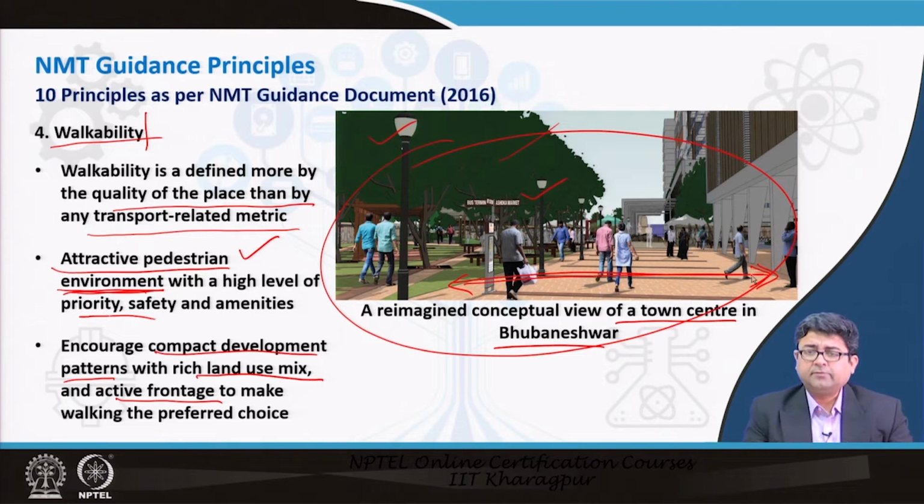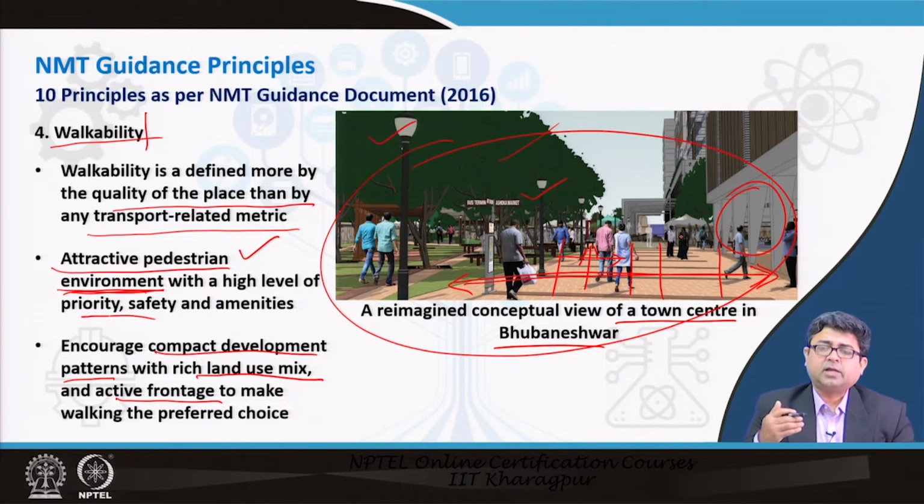Instead, if you have, for example, vehicular parking in front of a building, and then you have pedestrians, people are unable to see what is in the building when they are walking. What people like, especially in commercial areas, is to feel that there is somebody right next to them while they are walking. So, if the frontage of the buildings makes the pedestrians walking alongside them feel safe, then that encourages more pedestrian activity.